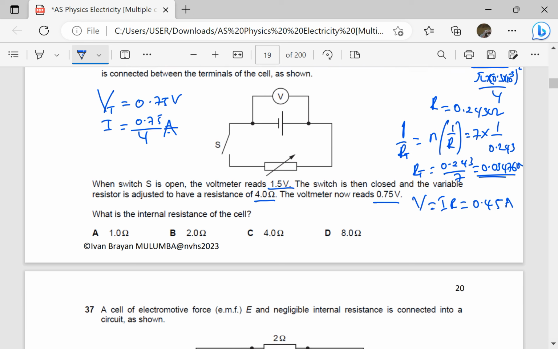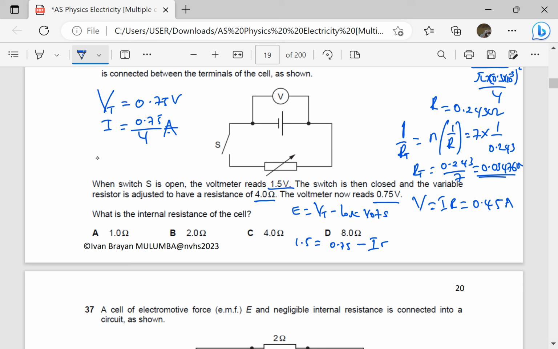And also remember, the e.m.f is equal to the terminal PD plus the lost volts. So the e.m.f, which is 1.5, is equal to the terminal PD, which is 0.75, plus the lost volts. But the lost volts is given by current times the internal resistance.